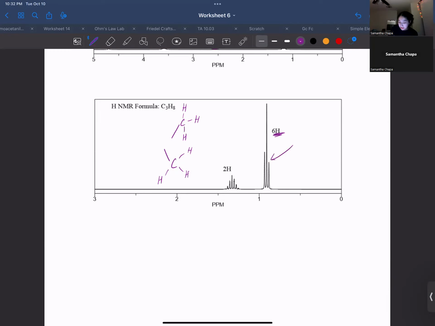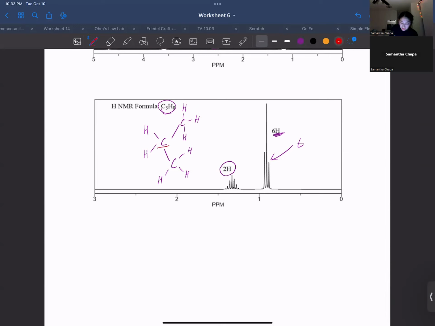And then I look at the splitting pattern and it's a triplet, meaning that whatever this is connected to, which is probably going to be a carbon, especially because of the formula, it's going to have 2 hydrogens on it. Perfect. And it looks like we're pretty much done here. You can check this last one, which has an integration of 2, meaning it has 2 hydrogens on it.